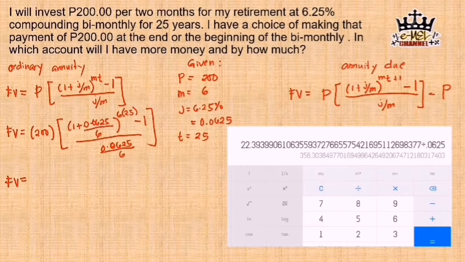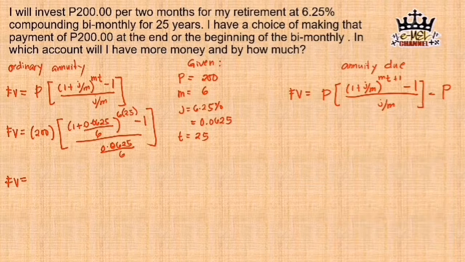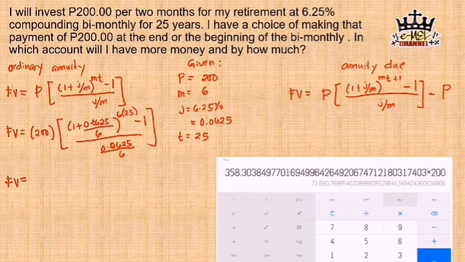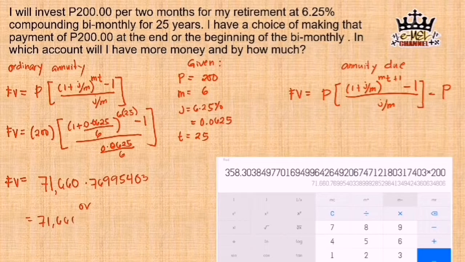The last part is to multiply by the periodic payment of 200. The result is 71,660.76995403, or 71,660.77 pesos, rounded to the nearest hundredths. So that is how we solve the future value of an ordinary annuity.